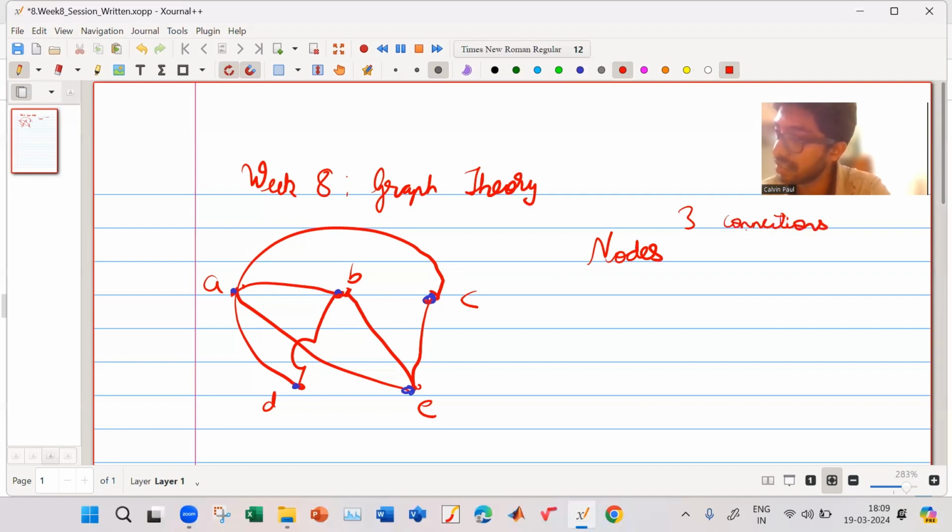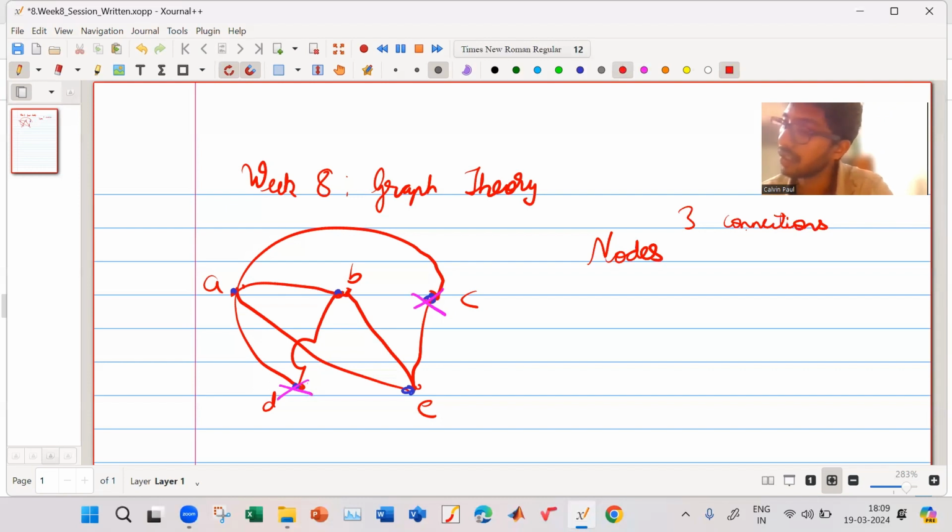So in this case, this cannot be considered. This is not something separate. You cannot consider this. That is one limitation.